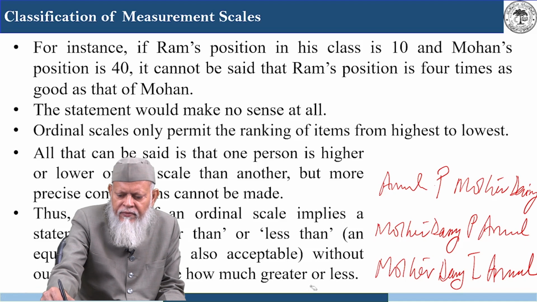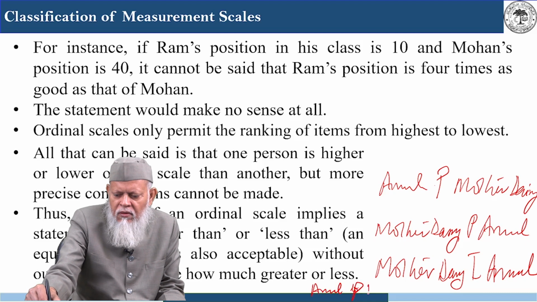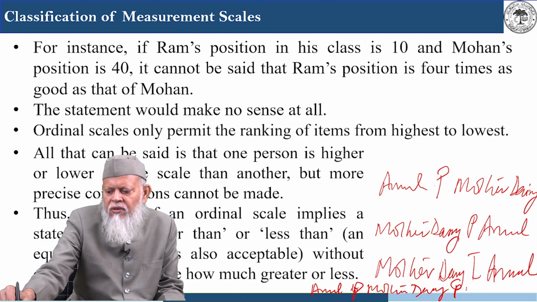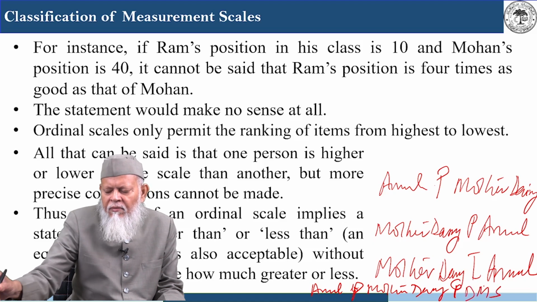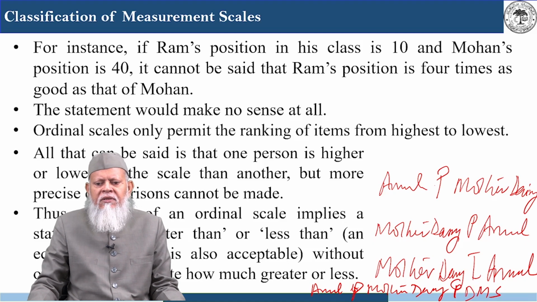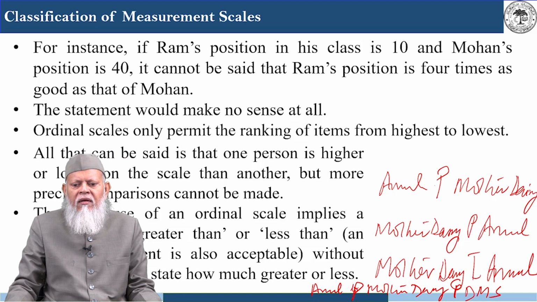So, what I was telling is that the person can prefer Amul to Mother Dairy, and he can prefer this to the DMS. But the same person cannot say that I prefer DMS to Amul. This transitivity is maintained in the choices.